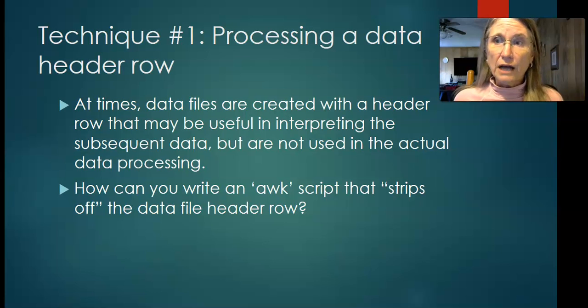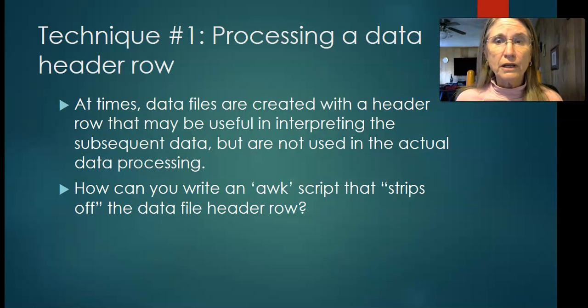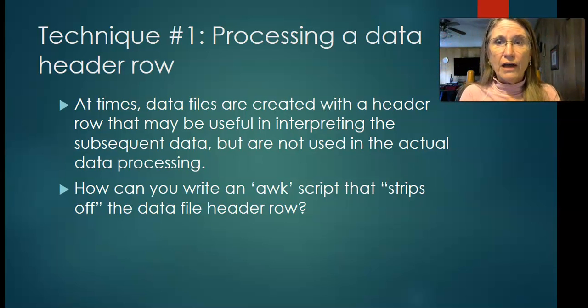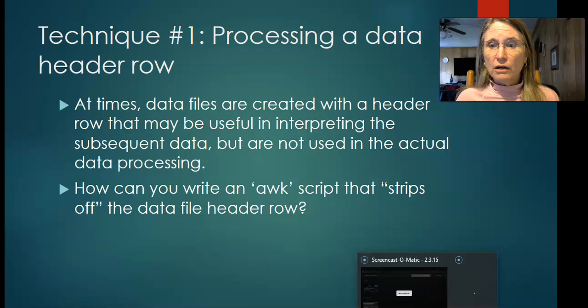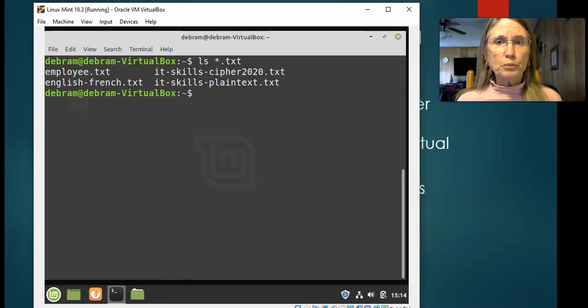So you might be asking a question, how can you write an AWK script that strips off that data header row? So we are going to our Linux machine, and in the next couple scripts we'll use two particular files that I've created.